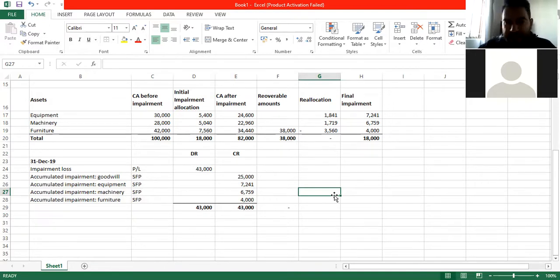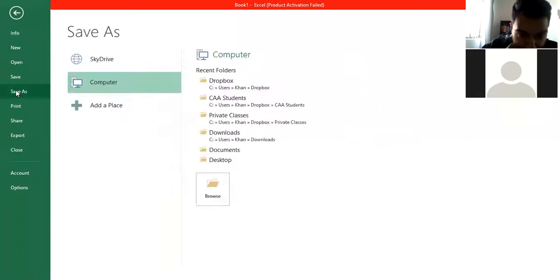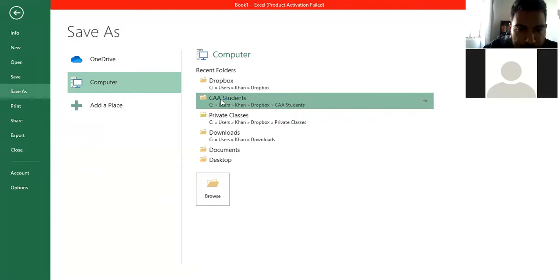Yes. All right. So the recoverable amount for the furniture was given to be 38,000. Yes. So this is not directly related to the solution, but just an understanding.